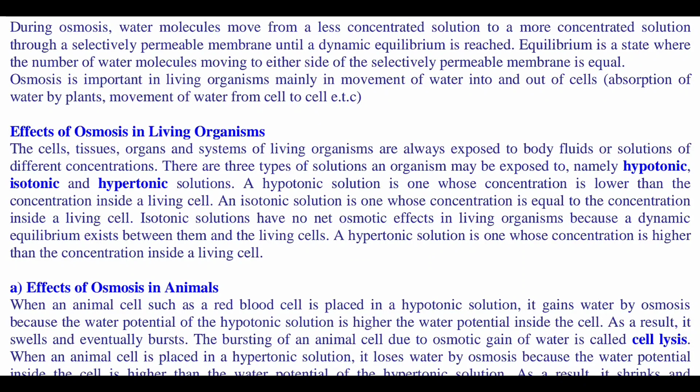A hypotonic solution is one whose concentration is lower than the concentration inside a living cell. This is hypotonic. Then isotonic solutions have no net osmotic effects in living organisms because a dynamic equilibrium exists between them and the living cells.